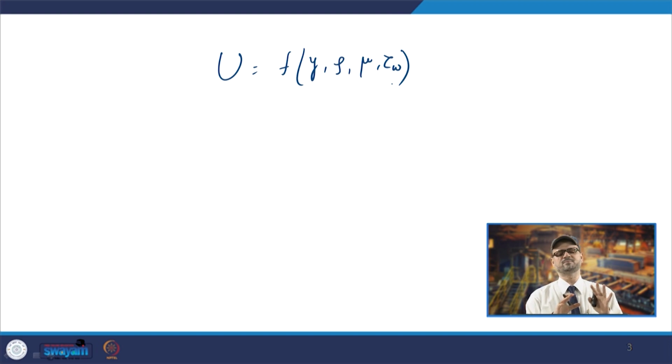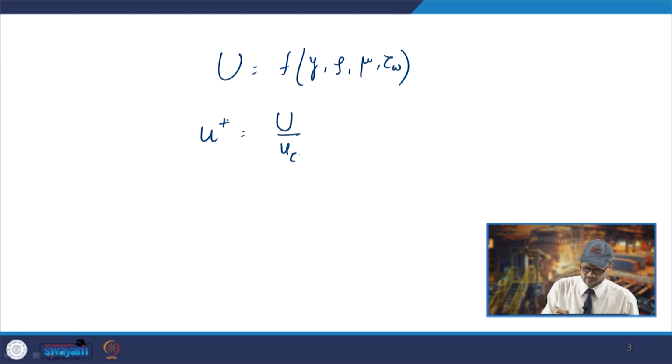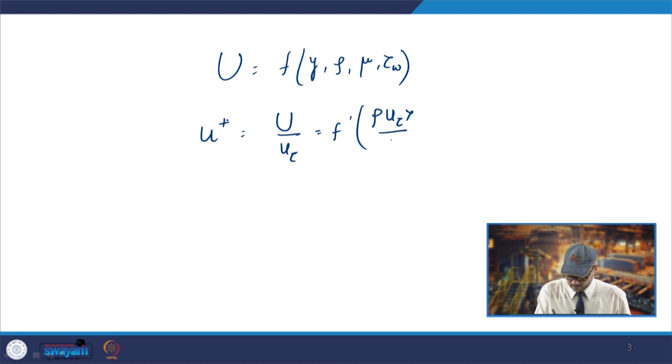So this is basically for close to the wall, and when you do the dimensional analysis in this case, you get u plus equal to u by u tau. Here u tau is known as the friction velocity, which is the square root of tau w by rho. That will be a function of rho u tau y upon mu.